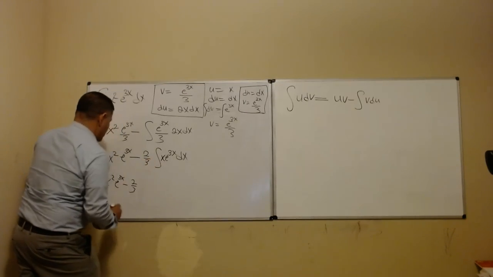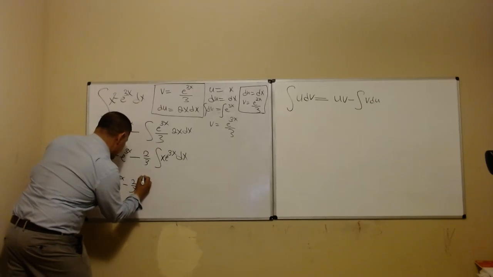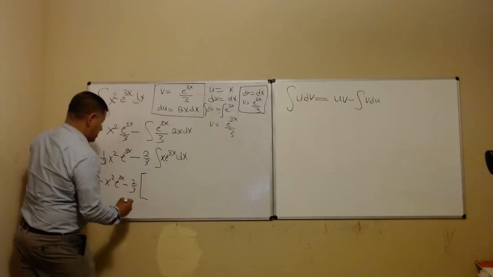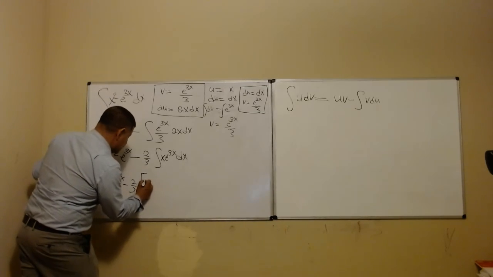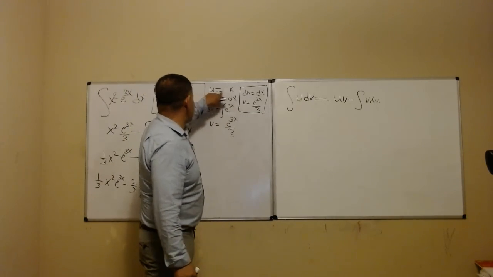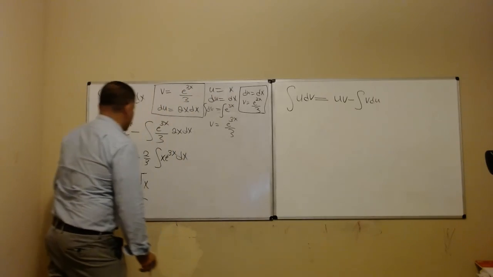So we have the following. We have x, right? And why x? Because u is equal to x, right?